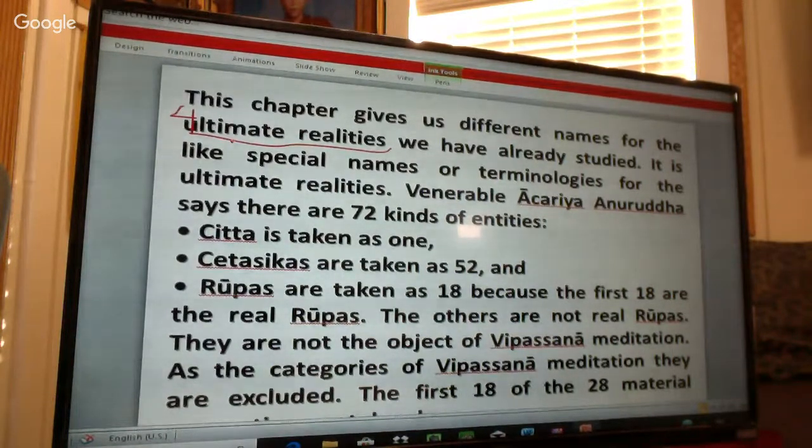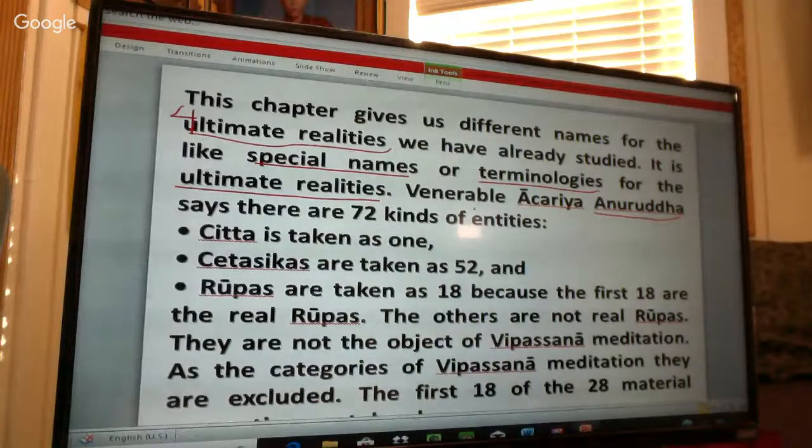Nibbāna is another special phenomenon. The four kinds of material we study in the sixth chapter. So here there is a special terminology for the four ultimate realities: mind, mental factors, material, and Nibbāna.